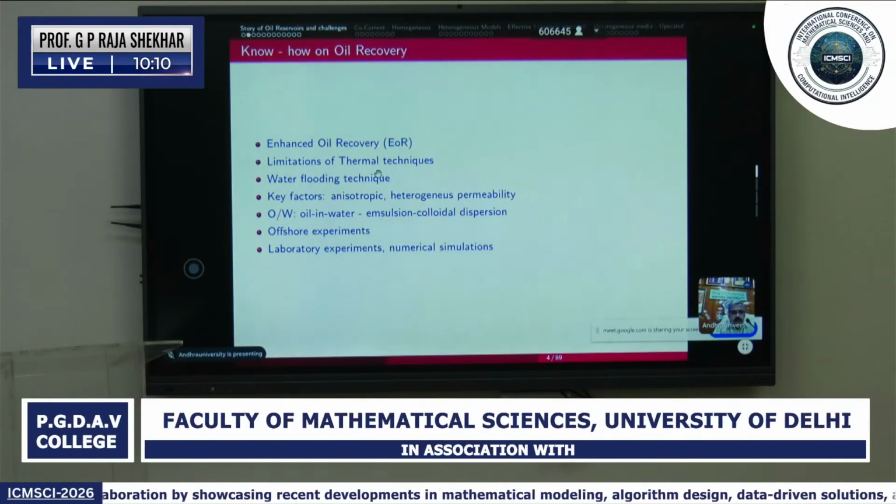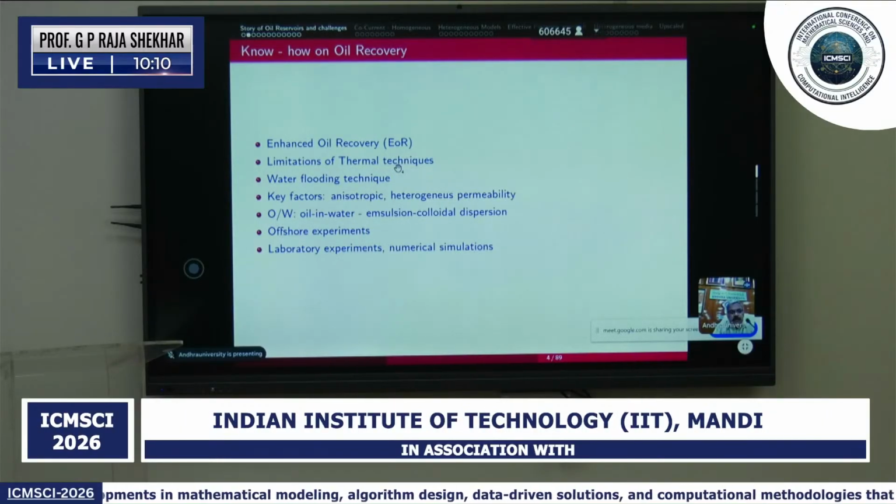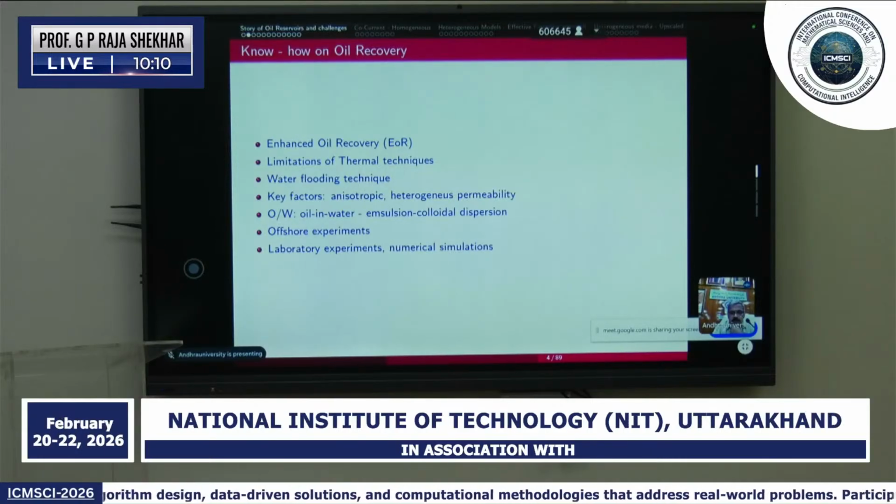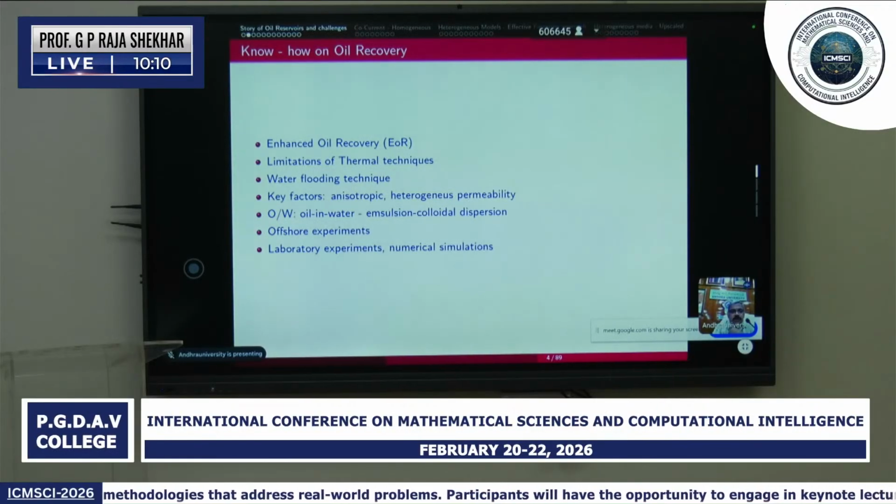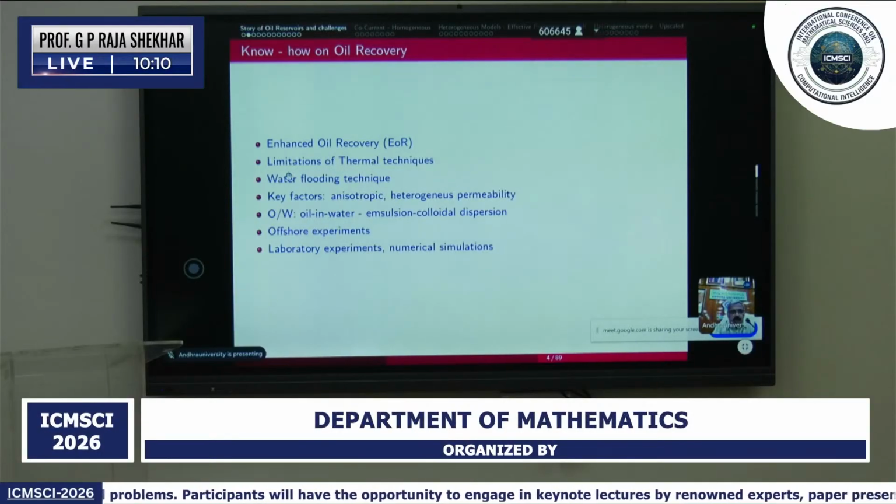Earlier, thermal techniques were used because if you heat, the viscosity changes, surface tension changes, and due to the temperature gradient, oil is displaced and collected, but this is not environmentally or financially viable.